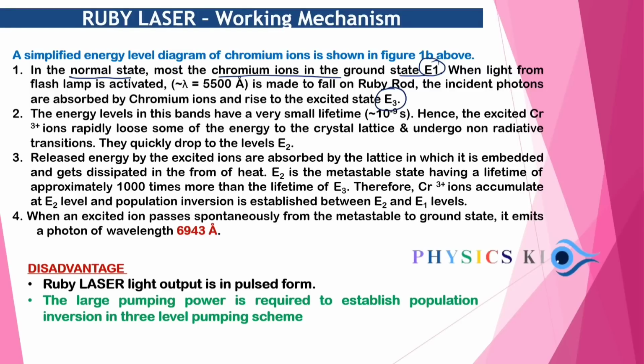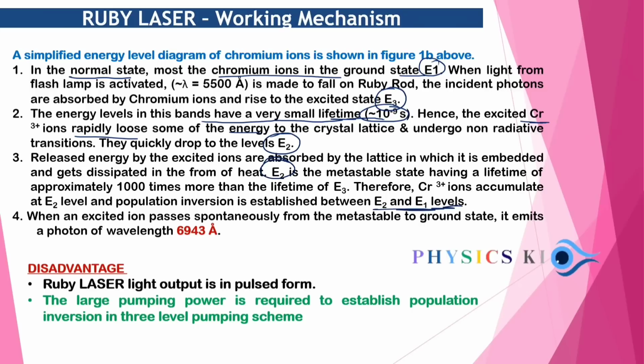The lifetime in the excited state is very small, about 10 to the power minus 9 seconds. So the excited chromium ions rapidly lose energy and reach the E2 level. Then stimulated emission happens, and the transition occurs from E2 to the E1 level.